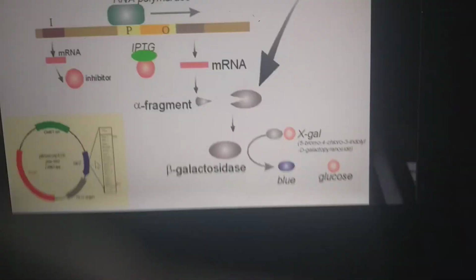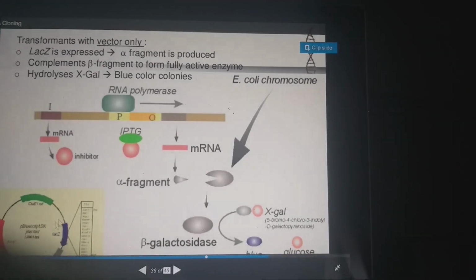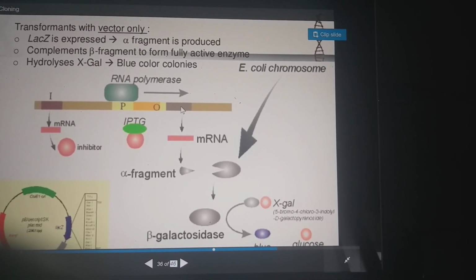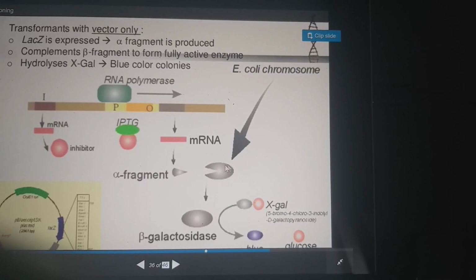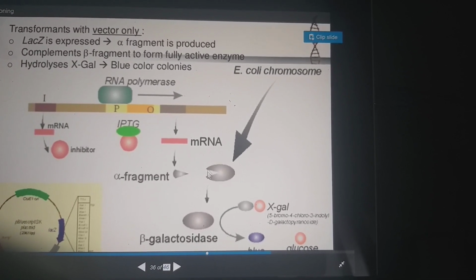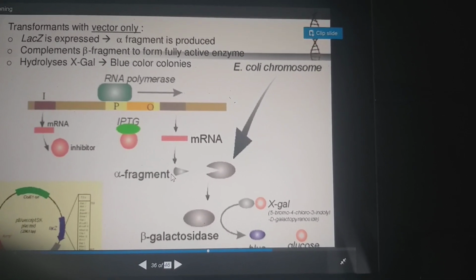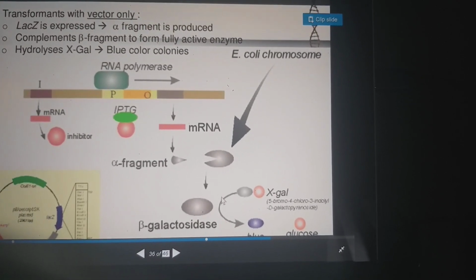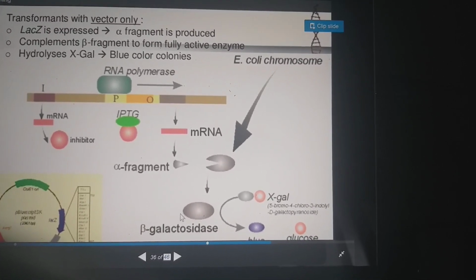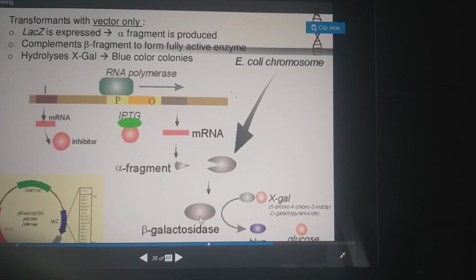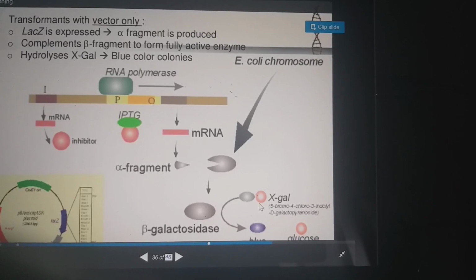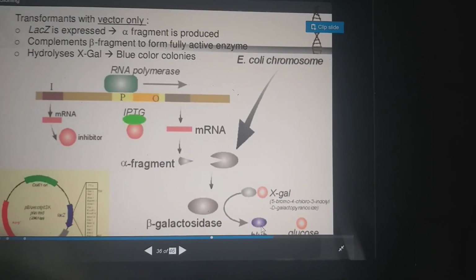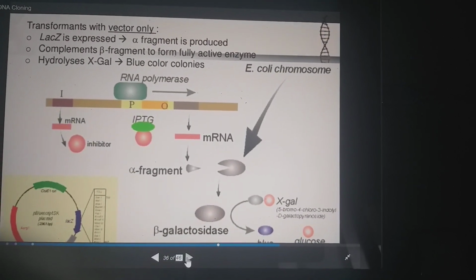You can see over here, this is the alpha fragment produced from our vector, and this is the beta fragment produced from the E. coli chromosome, and there will be alpha complementation between these two fragments, and active beta-galactosidase is there. This beta-galactosidase will act on X-gal which is already in the medium, and you will get the blue color colony.